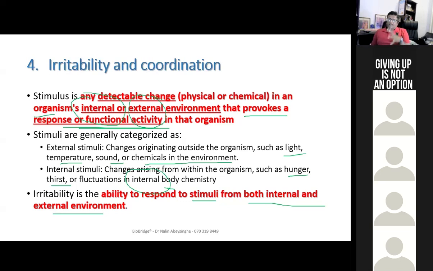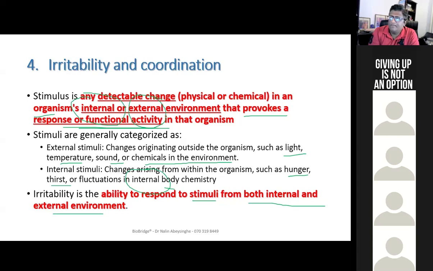There is a detectable change occurring in the environment which should be able to provoke a response or functional activity in the organism. For it to be a living organism, it should be able to respond to that particular stimulus. If there is high temperature in the external environment and it's a living organism, it will respond. That's why it is a living organism.